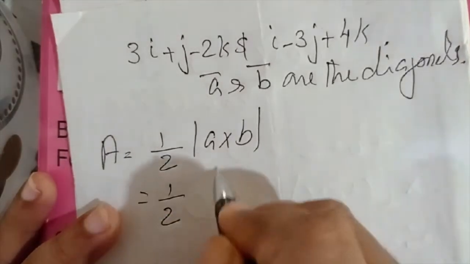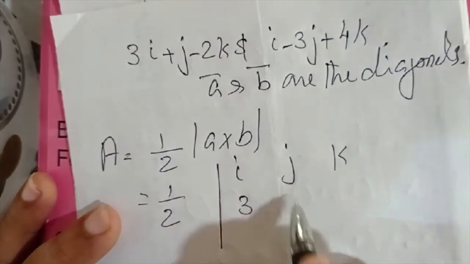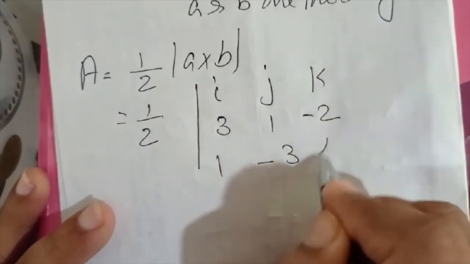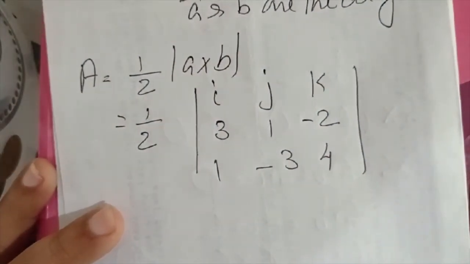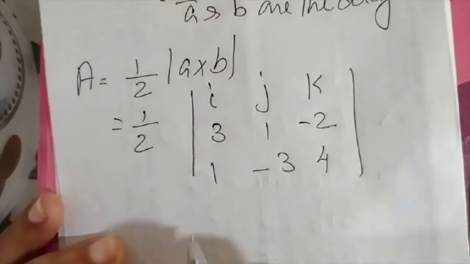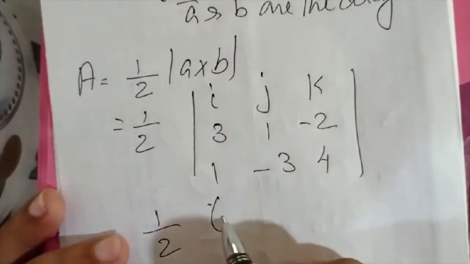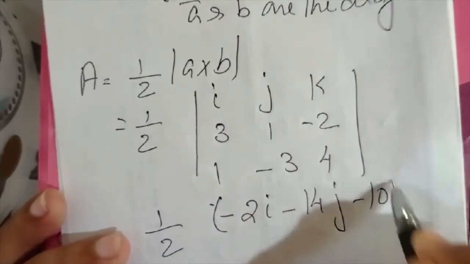That means half into the modulus of determinant ijk, 3, 1, minus 2, 1, minus 3, 4. Check the answer: the vector minus 2i minus 14j minus 10k.